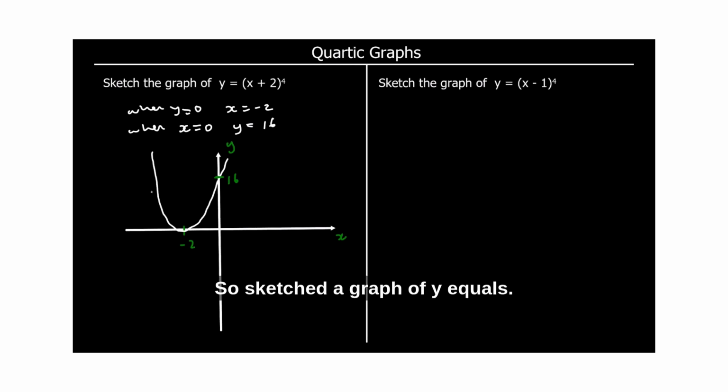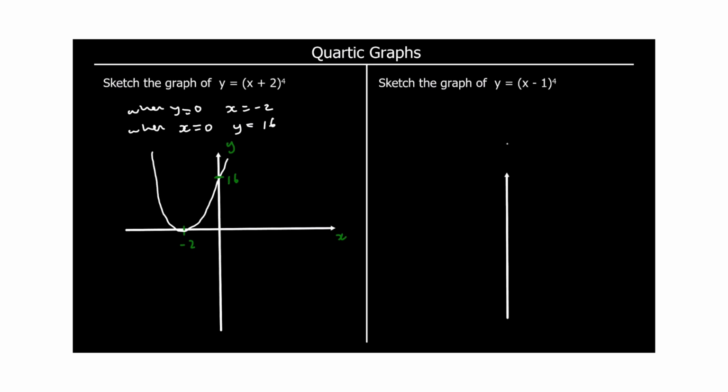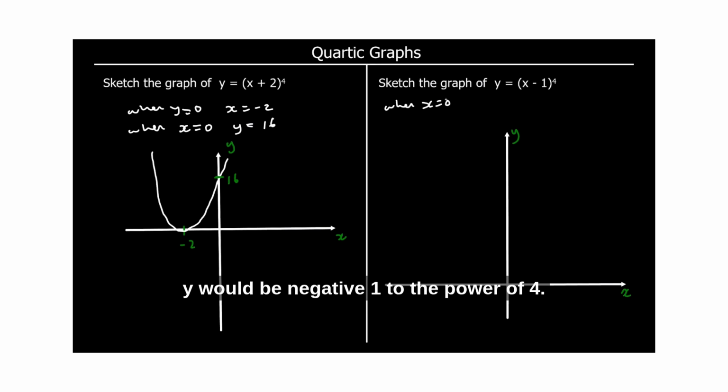One for you to try. So sketch the graph of y equals x minus 1 to the power of 4. So when x is 0, y would be negative 1 to the power of 4, which is 1.